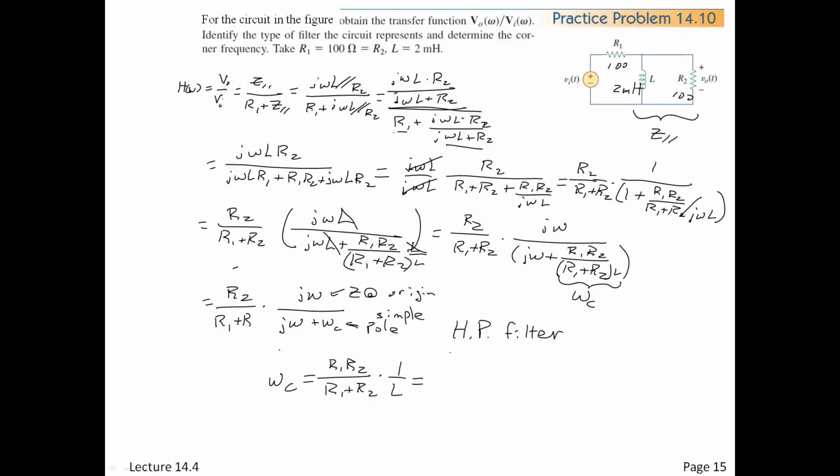That is R1 in parallel with R2 divided by L. And maybe that's not such a surprise if you go back and think about this circuit up here. In this circuit, you're looking at kind of the Thevenin equivalent, if you wanted to look at it that way. Okay, and there are the answers. I didn't plug in the numbers, but there's that.